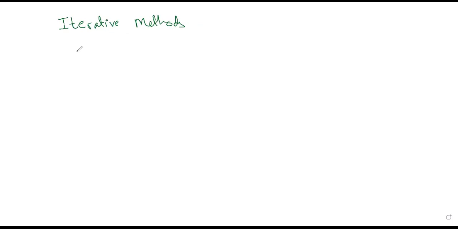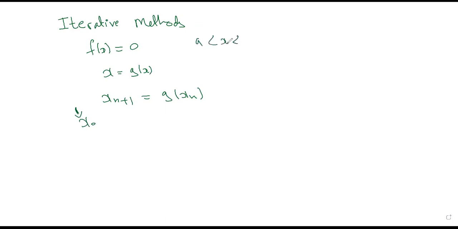All right. So you have f of x equals 0. You need to get your x equals g of x form. Once you have x equals g of x form, you need to add n plus 1 and n here, and simply you need to have your starting x naught. Either you would be given it or you would have such an interval in your question.